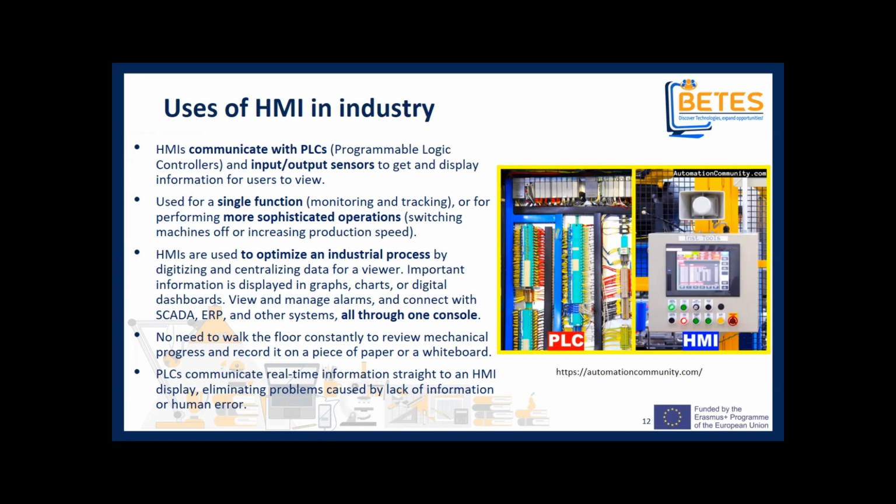HMIs can be simple. For example, they can just monitor the temperature of a tank, or they can be more sophisticated and do more complex things like turn machines on and off, or, depending on the temperature, increase or decrease pressure, or something we program them to do.